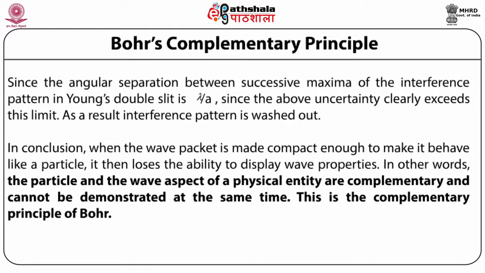The above uncertainty clearly exceeds this limit, which means that the uncertainty given by the angle theta, equivalent to 2 lambda / a, is greater than the angular separation of the Young's double slit, which is lambda / a.